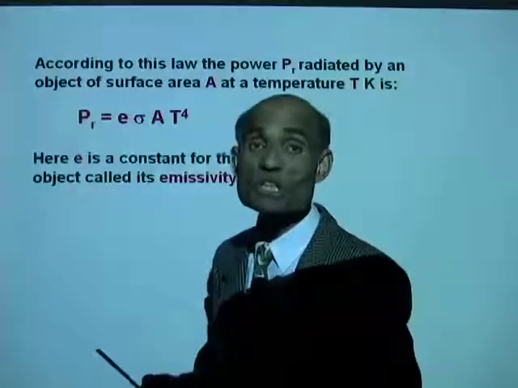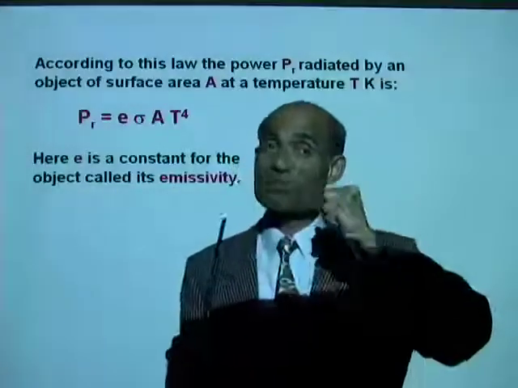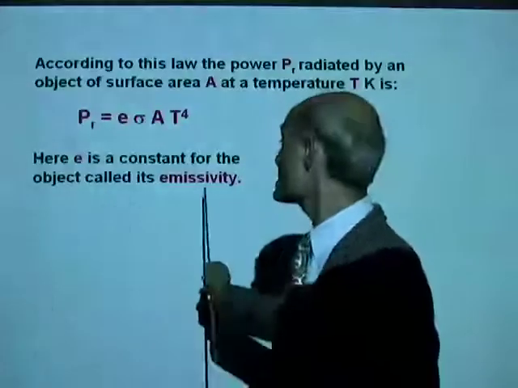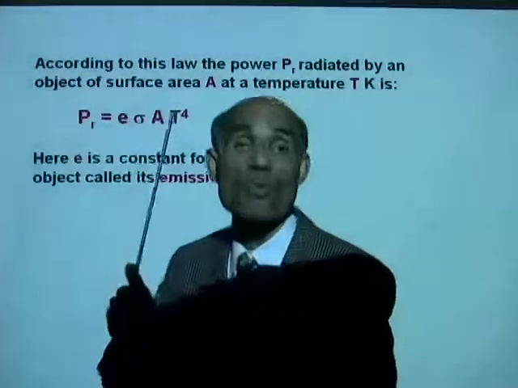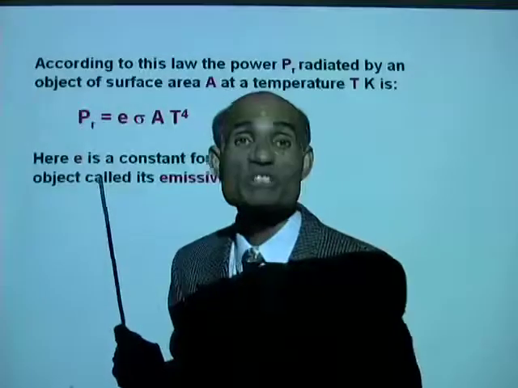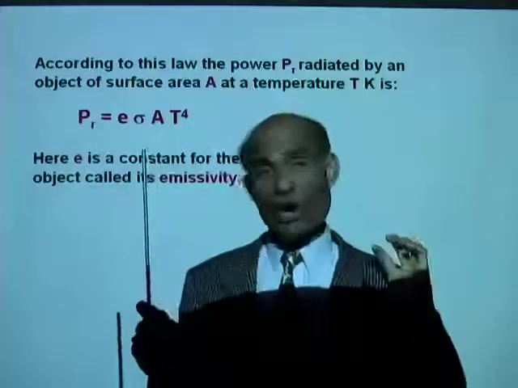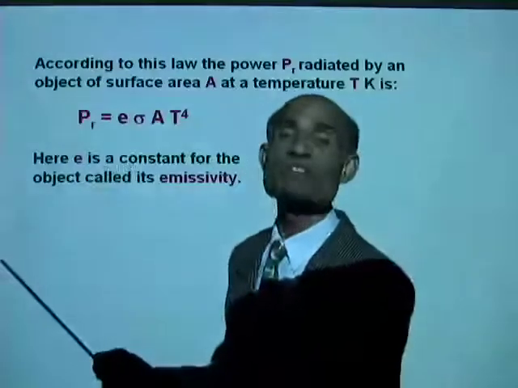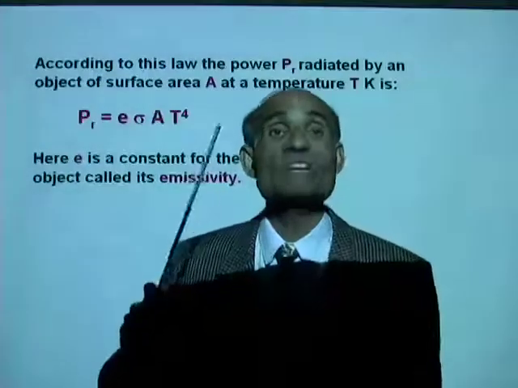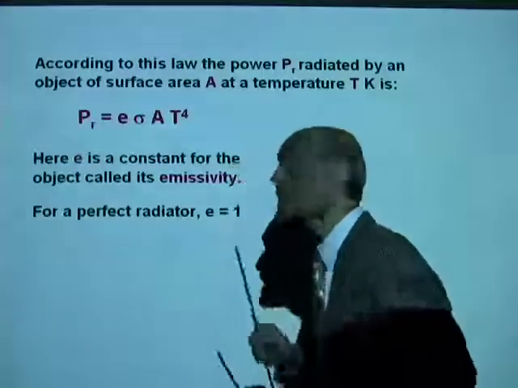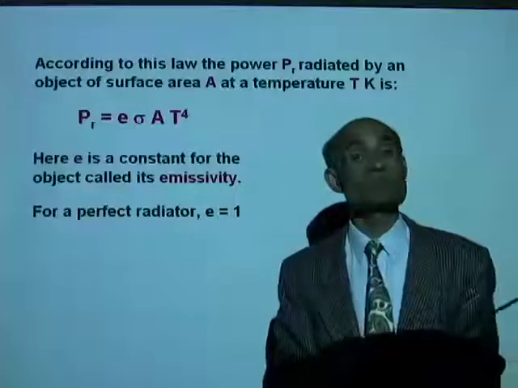If an object is a perfect absorber and a perfect radiator, that object has an emissivity of 1. If there is an object which does not absorb any energy or does not radiate any energy, its value of E is 0. For a perfect radiator, E has value 1.